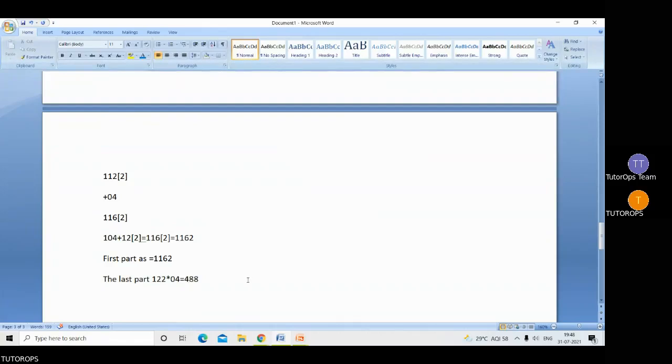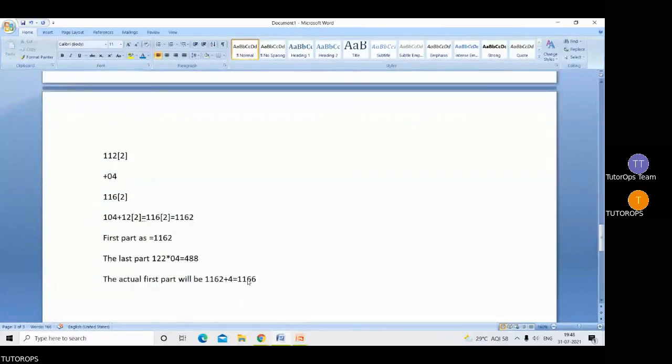Remember one thing, that the first digit of 488 will be treated as a carry. Now, the actual first part will be 1162 plus 4, that is 1166. So, the answer will be 1166 and 88, because for 488, the last two digits will be retained.